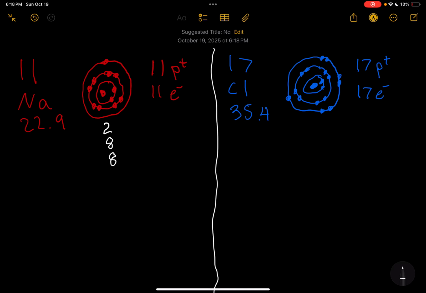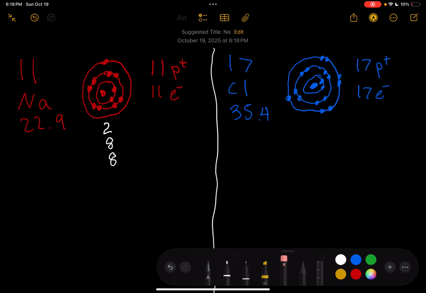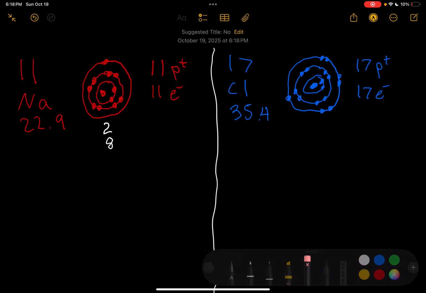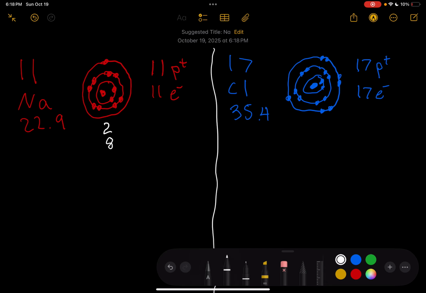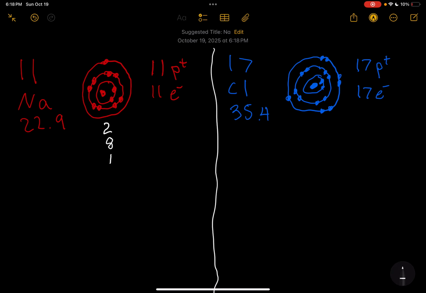So we'll see that sodium already has those 2 inner shells. The inner shell is filled up with 2 electrons, the second shell is filled up with 8 electrons, but oh no, we ran into a problem here. Sodium's last shell only has 1 of its needed 8. So sodium needs to try to get rid of this electron so that it can have 2 full shells, one being 2 and one being 8. The way that it gets rid of that is it donates it to another atom, or another ion rather.